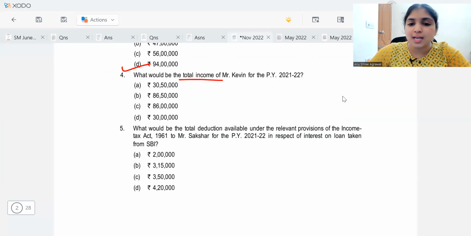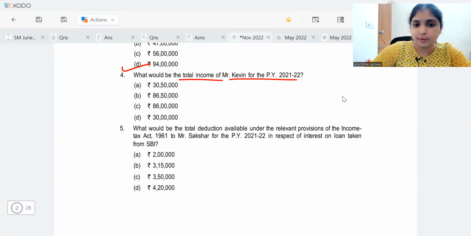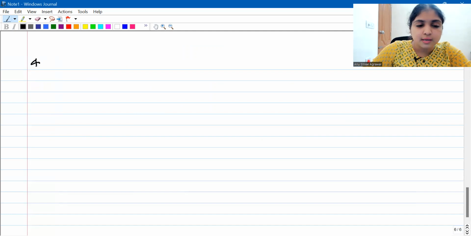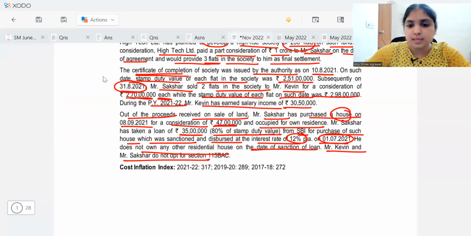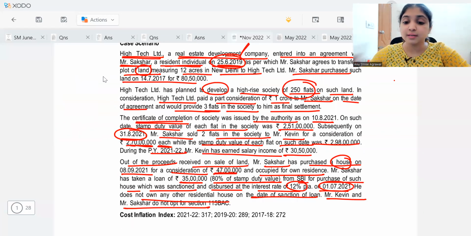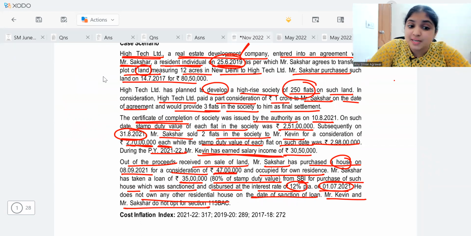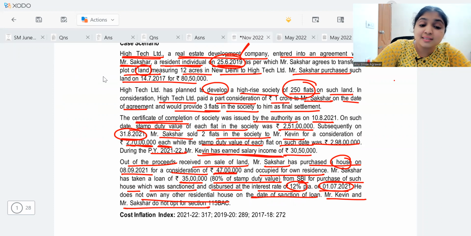What would be the total income of Mr. Kevin for 21-22? The fourth question, Mr. Kevin's total income. See, first of all, the question said that he's earning salary income. Mr. Kevin earned salary income of 30,50,000. Does any adjustment come to your mind?